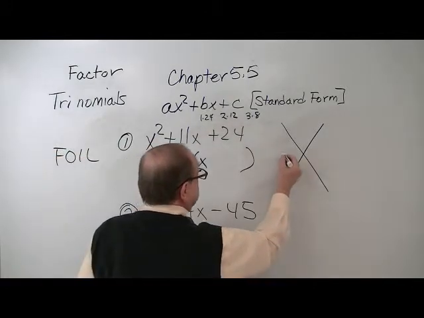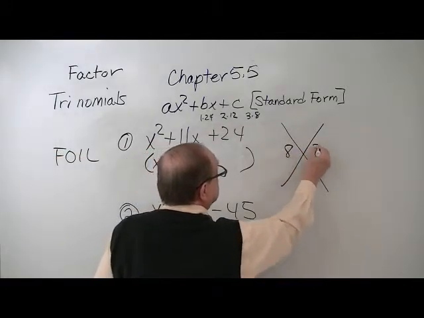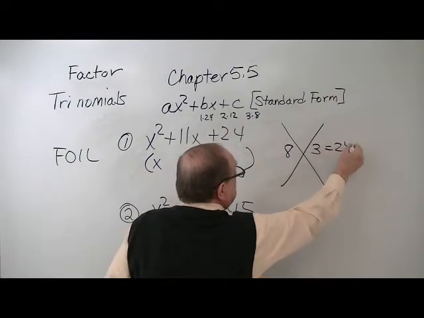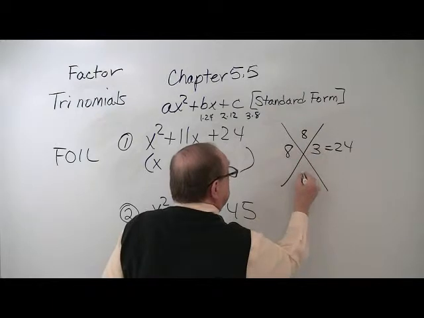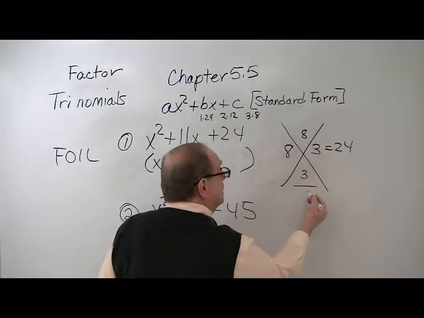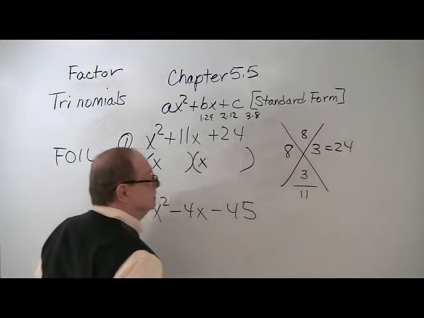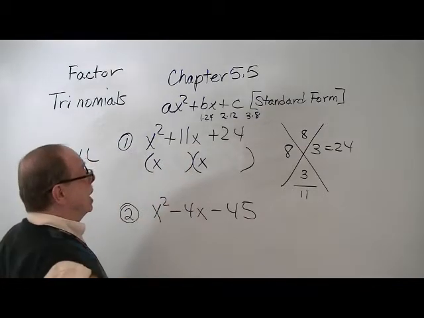So what I suggest you do is you go like 8 times 3. This is going to be 24 if they're multiplied. But if you take the 8 and the 3 and add them up, it's 11. And that's exactly what we want.